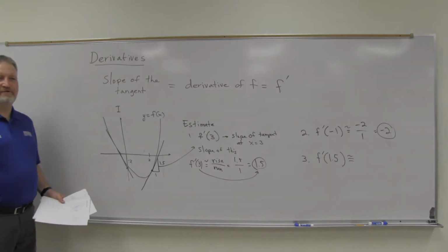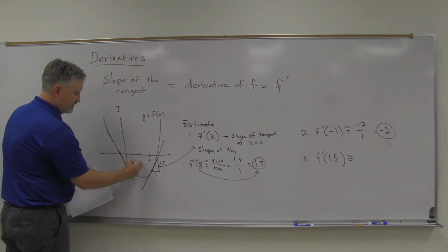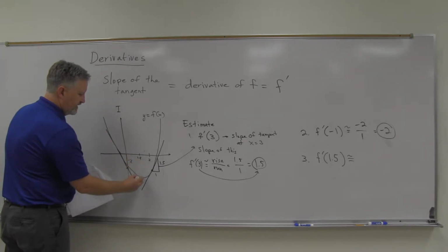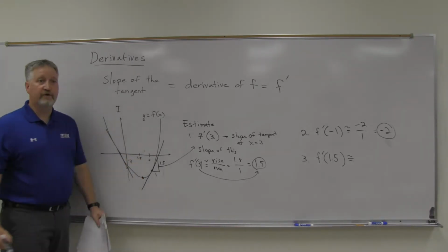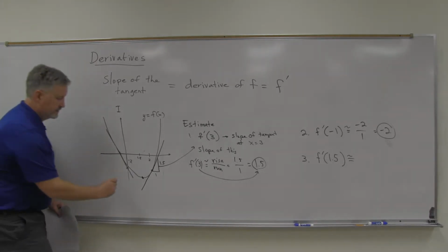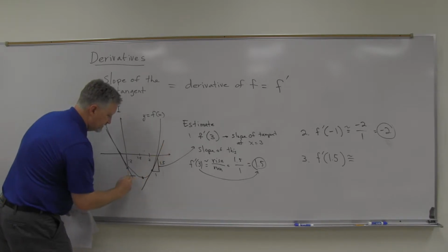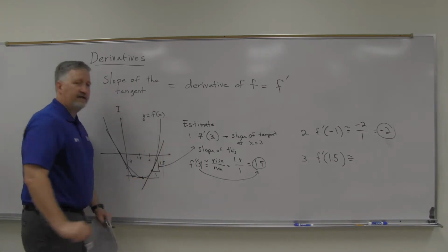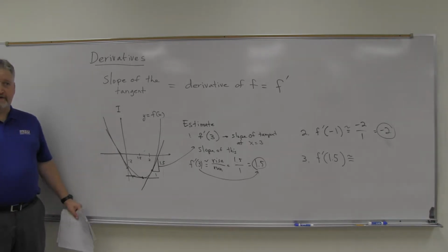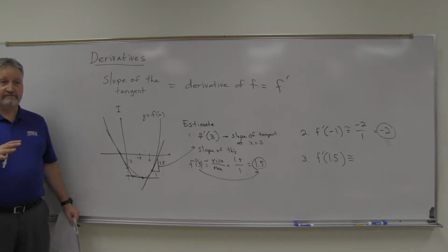Where am I at if I'm at 1.5? Well, the point is right here, isn't it? At 1.5, I'm down here, right at that low point. And so if I do a tangent line there, what have I got? Because the derivative is the slope of the tangent, here's the tangent line. So what's the slope of that line going to be? It's horizontal, isn't it? What's its slope? Slope of a horizontal line, it's 0, isn't it?